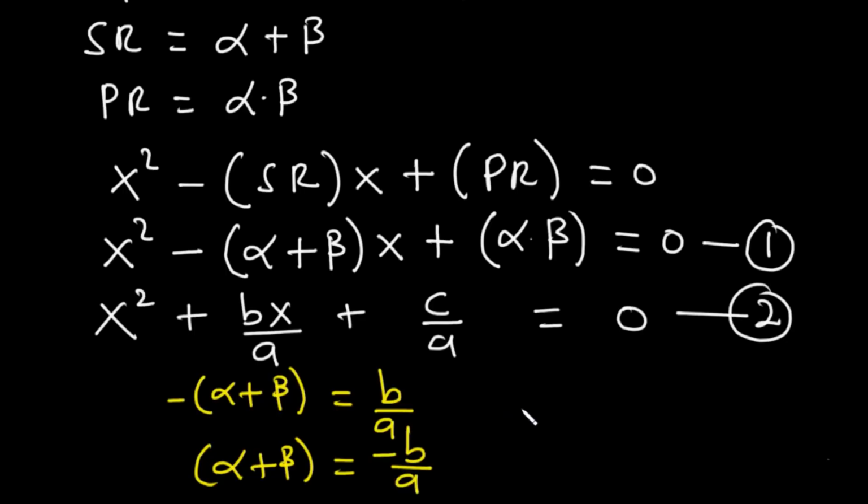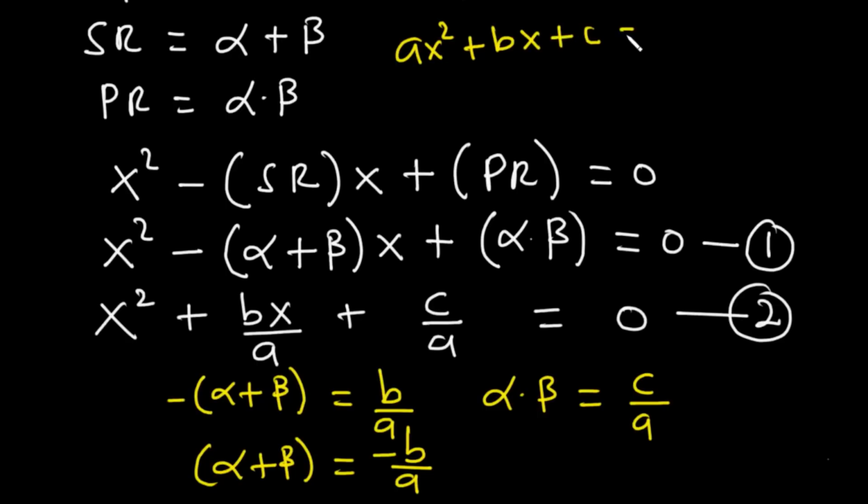Now for the constant, alpha beta from equation 1 is equal to c over a from equation 2. So given the quadratic equation ax squared plus bx plus c is equal to 0, the sum of roots, which is alpha plus beta, is equal to negative b over a, and the product of roots, which is alpha beta, is equal to c over a.